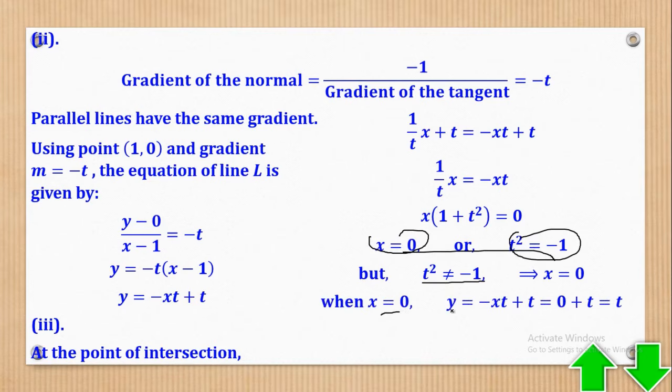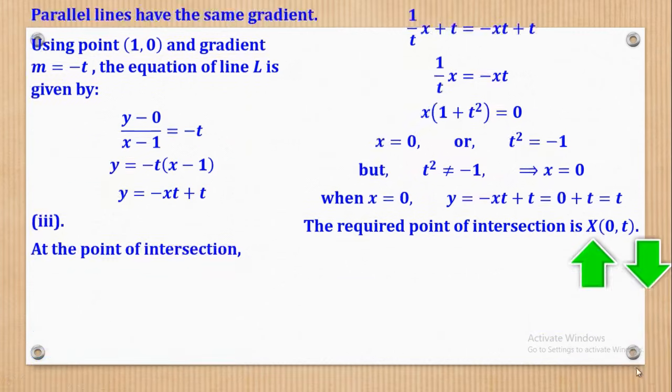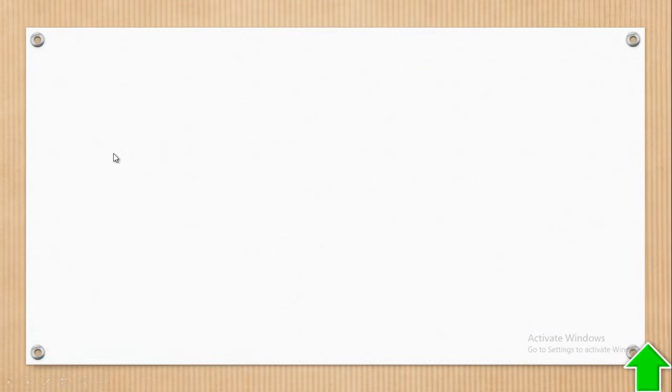Now when x is equal to 0, y will be equal to this. Here use any of the two equations. You can use this one or you can use this. It will all give the same answer. Therefore the point of intersection will be (0, t), and that will be point X. So now we shall go to part B.